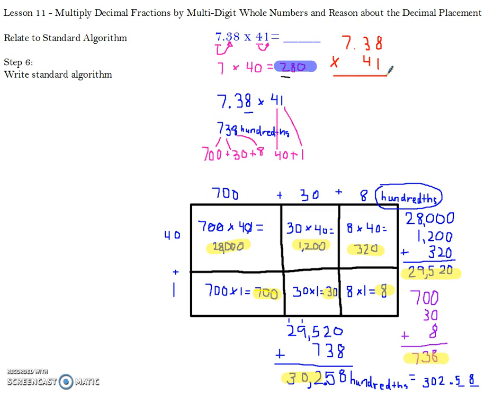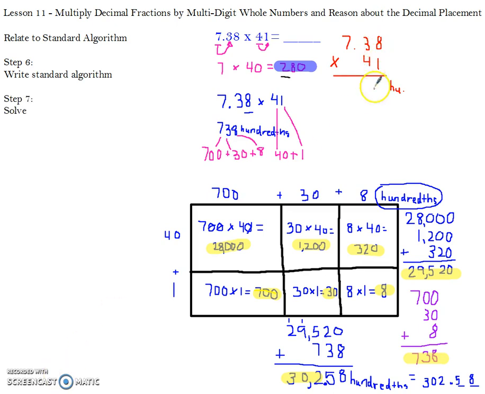Now, instead of renaming our decimal here, we're just going to think about this 7.38 as 738, and just remember that our answer will be in hundredths. And I'm going to abbreviate that with HU. So now we can set about solving our standard algorithm.